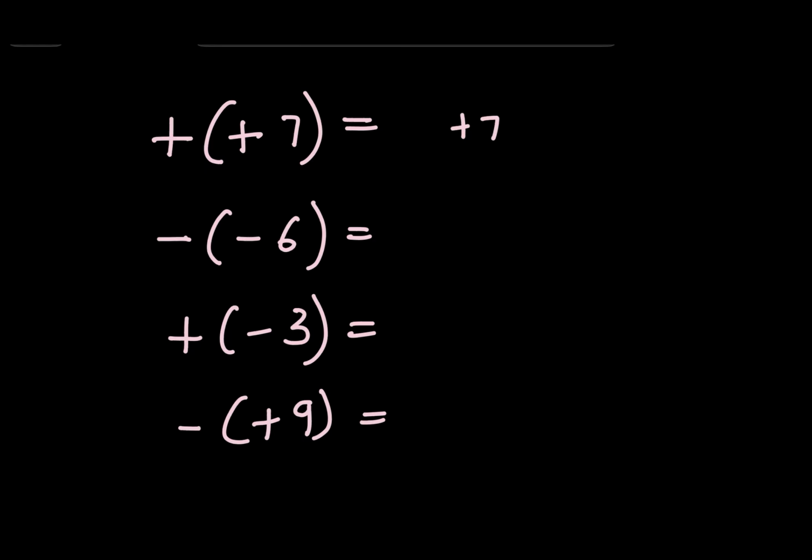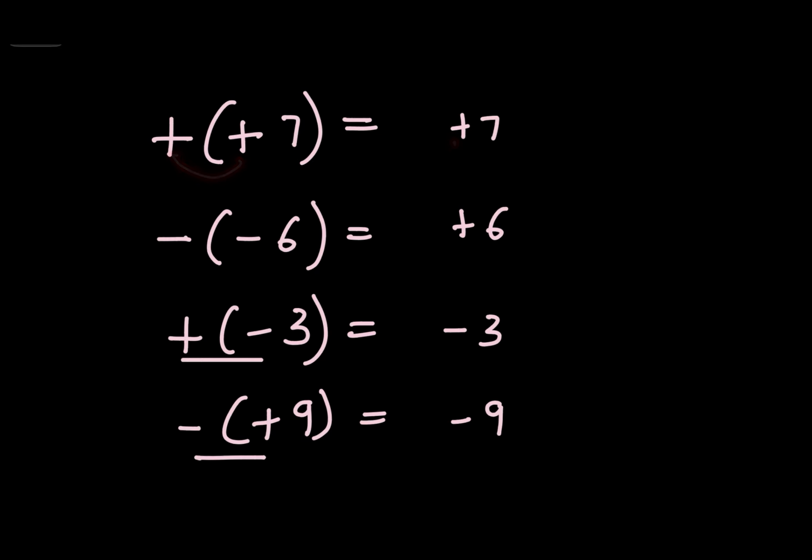Minus and minus, same signs, plus 6. Now one is plus and one is minus. They are different, so I will put minus 3. And again they are different, minus and plus, so I'll put minus 9. Basically this is multiplication of these signs. So when the signs are the same, we put positive, and when the signs are different, we put negative. Now let us go back to what we have.